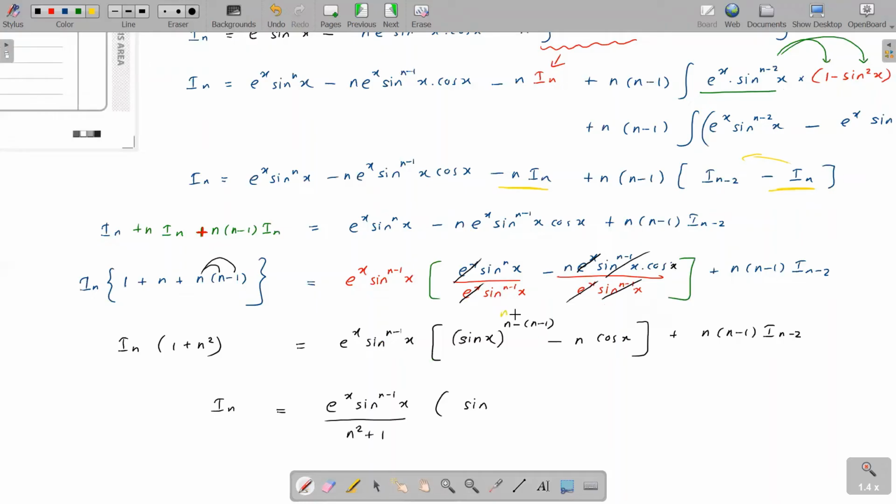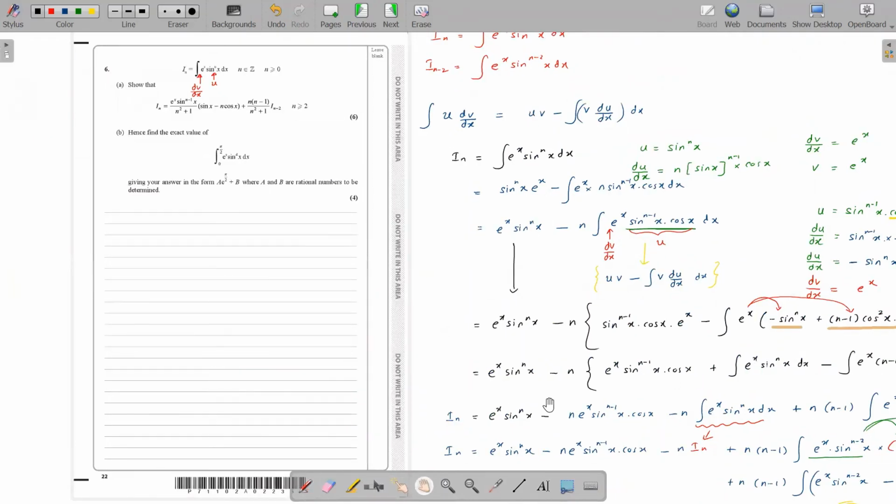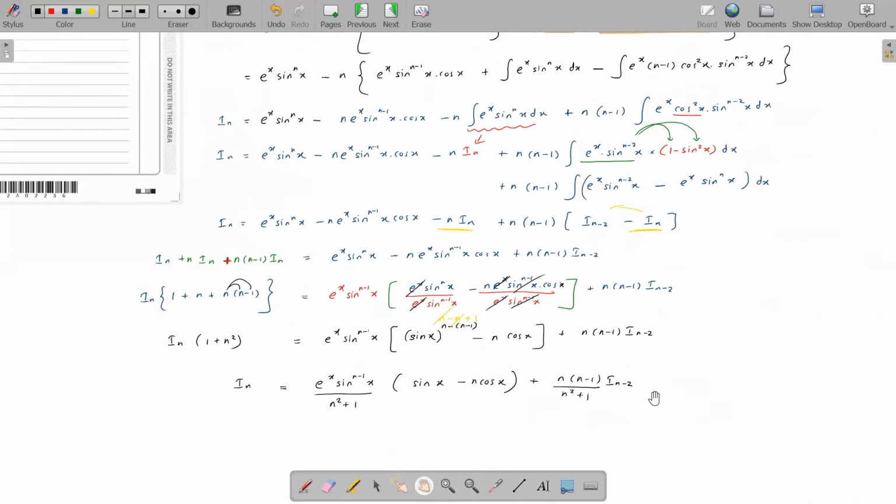The n and n cancel, so you get sin to the power 1, just sin x, minus n times cos x. And here again, (n minus 1), you divide by n squared plus 1, because this n squared plus 1 comes down as a division to both the terms, isn't it? Into I_(n-2). So isn't this the 'show that'? Yeah, so this is our 'show that' for 6 marks. Can you see?